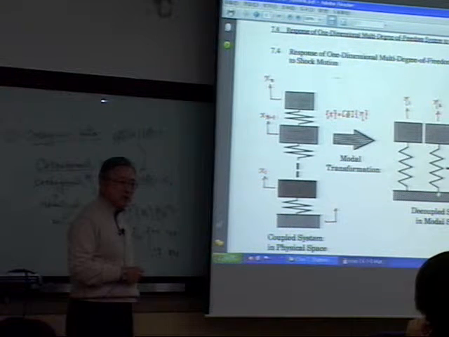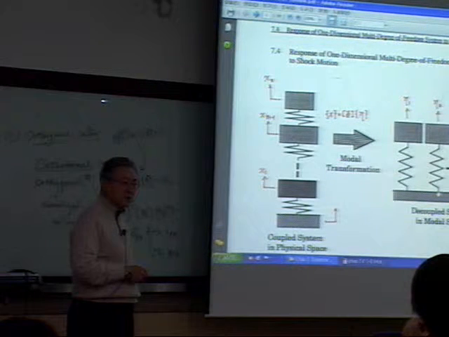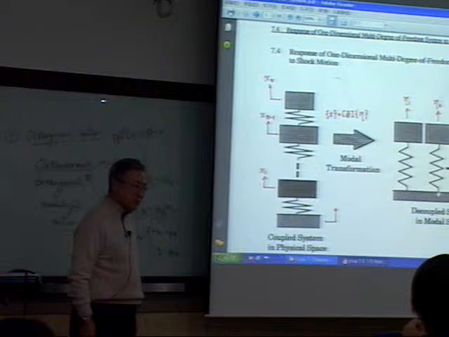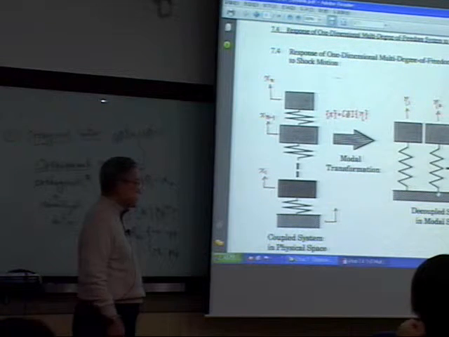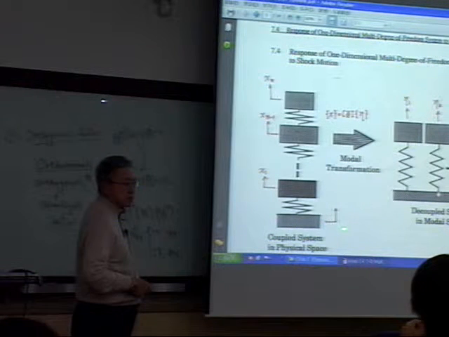How many degrees of freedom does this model have? N degrees of freedom. If n is 3, then it's a 3 degrees of freedom system, with base motion.